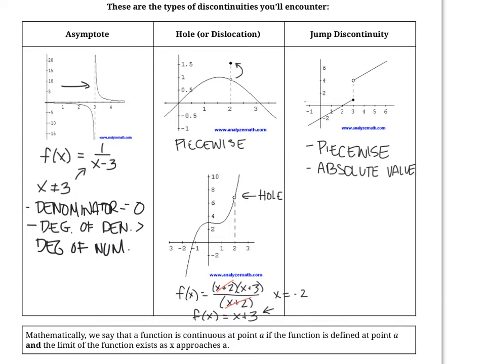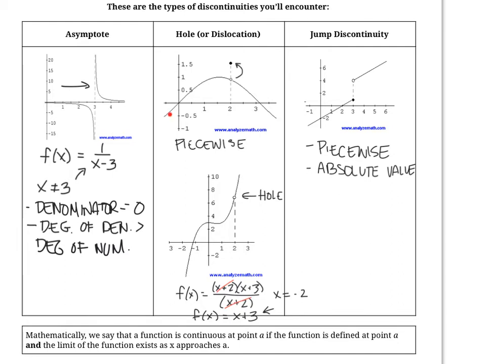So looking at the first one here, we see that the function is actually not defined at 3. Also, the limit does not exist at 3. So it fails both conditions at this point, so we would say the function is discontinuous.